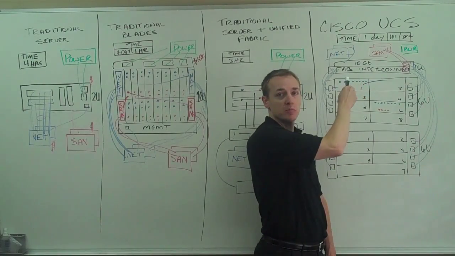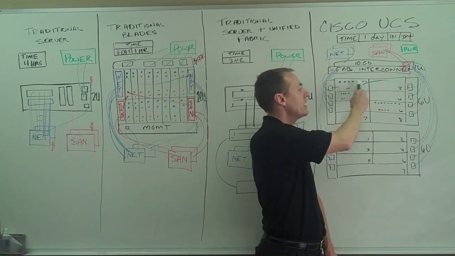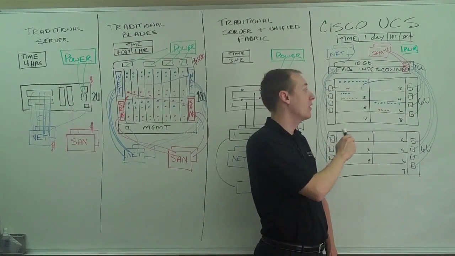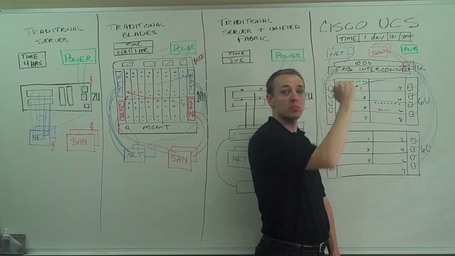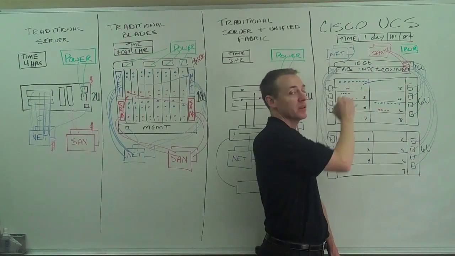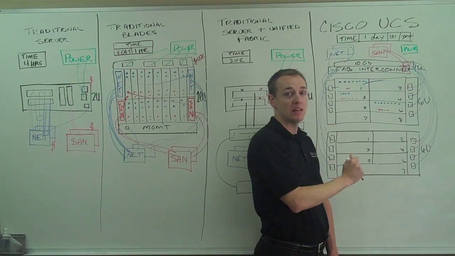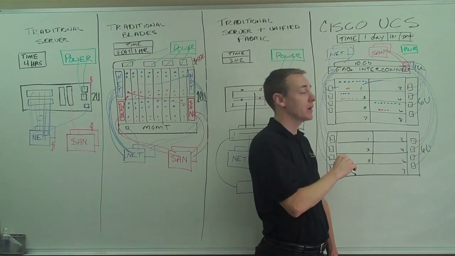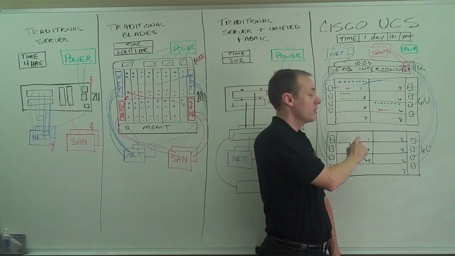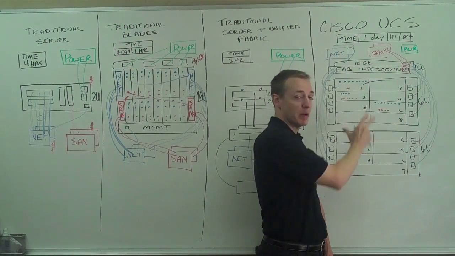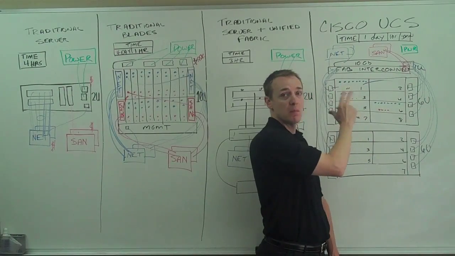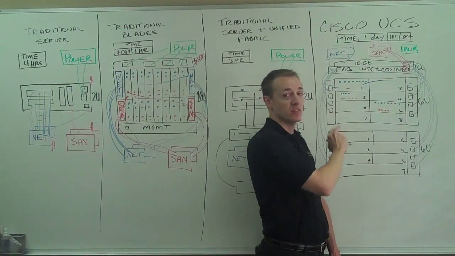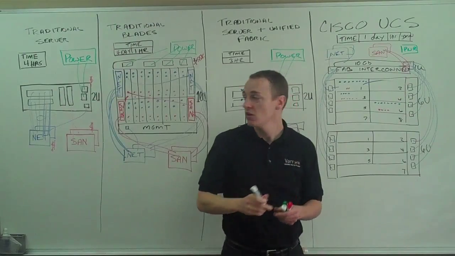And there's something called a service profile. And this blade is configured with a particular service profile. So I can actually pull this blade out, put in a replacement, assign that service profile, immediately boot from SAN, I'm up and running. I can move that service profile anywhere in any chassis, up to 14 chassis in one management interface.